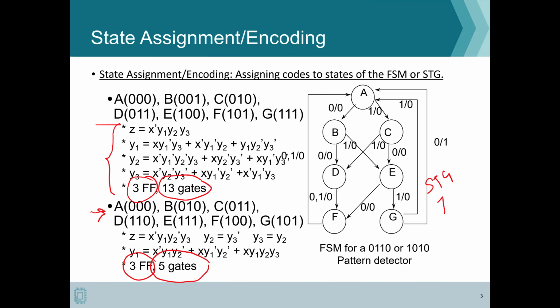And also apart from the number of gates, you can also consider the number of inputs to each gate, and you can also see that this will require more inputs to the gates, and this fewer inputs to the gates.